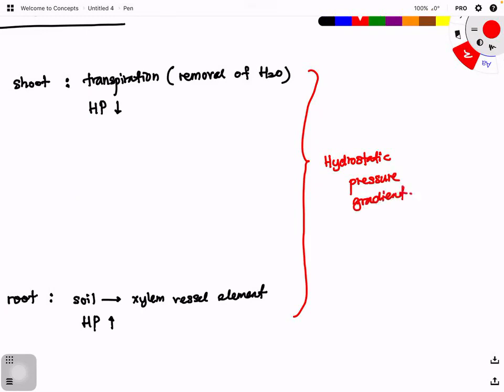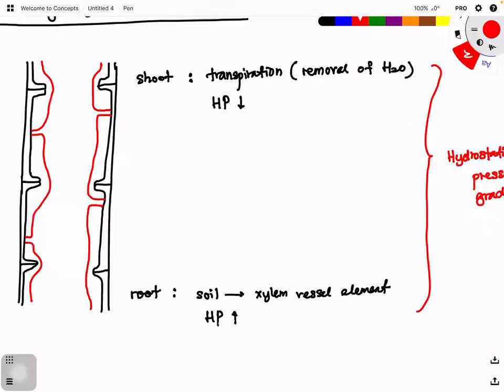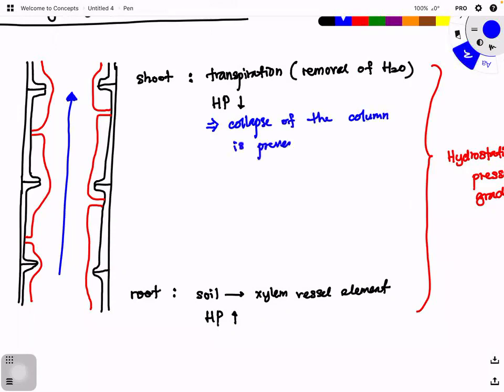So liquids will always move from high pressure to low pressure. Due to this, we call it the transpiration pull. Are you clear? It creates a tension, so with this low hydrostatic pressure, the collapse of the column is prevented by the lignification.